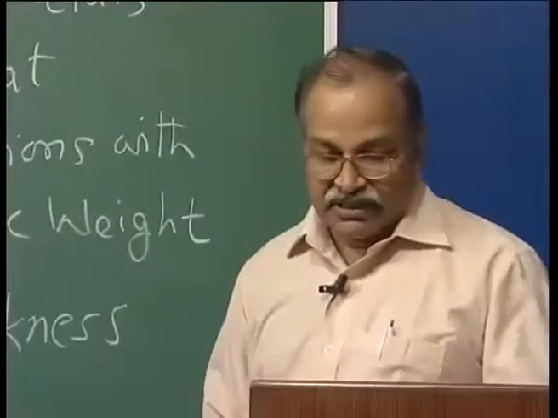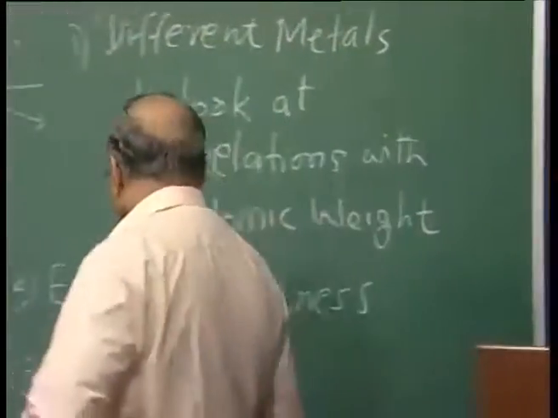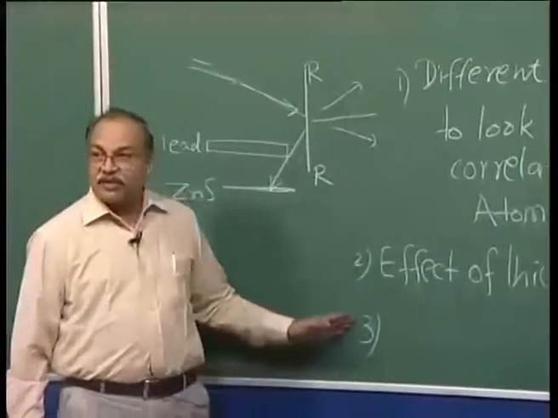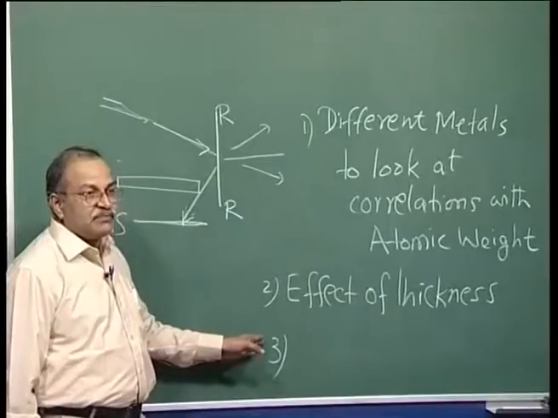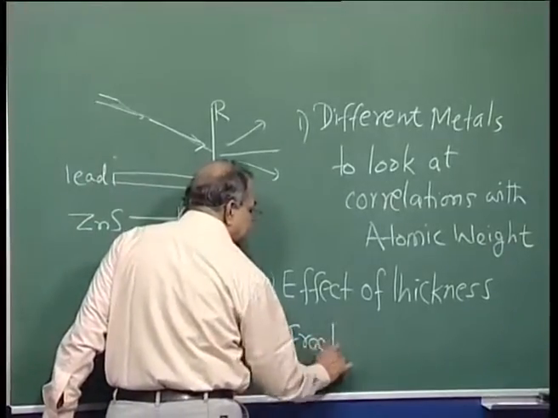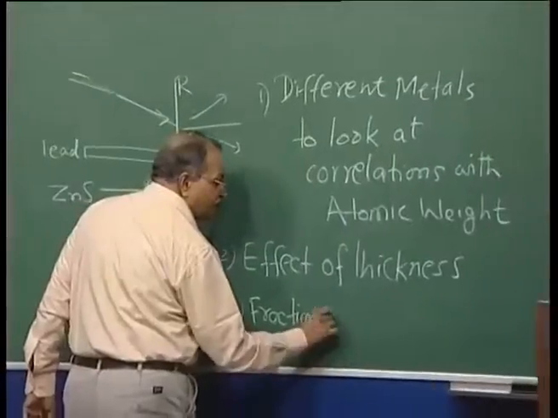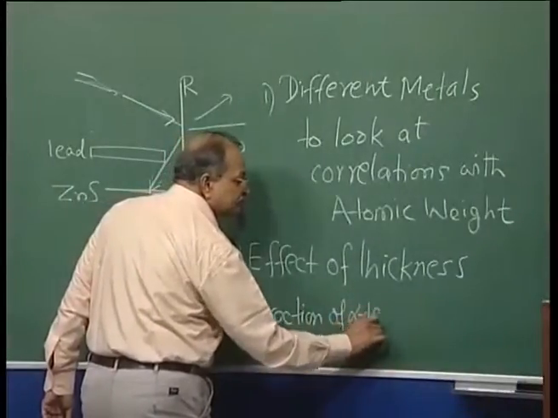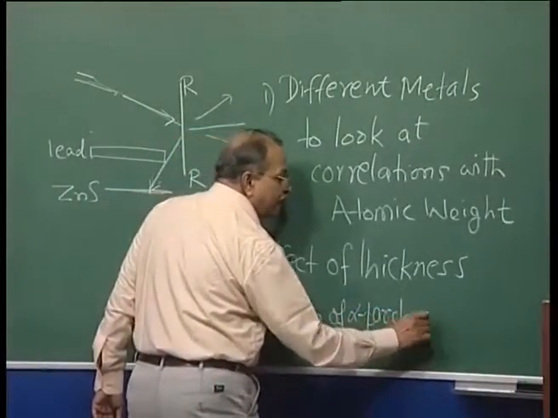They crossed the metal and appeared on the other side, and one was so largely deflected that it came back towards the source side. So that was the experiment. This was the third part: the fraction of alpha particles backscattered.